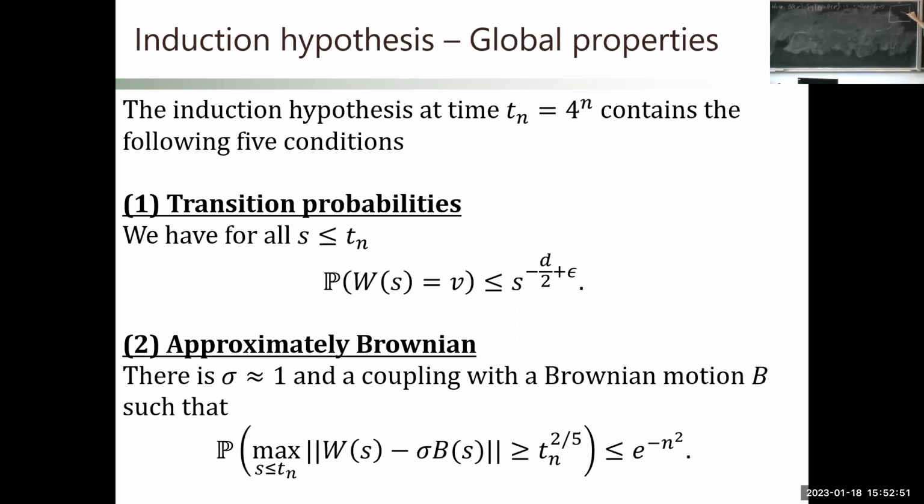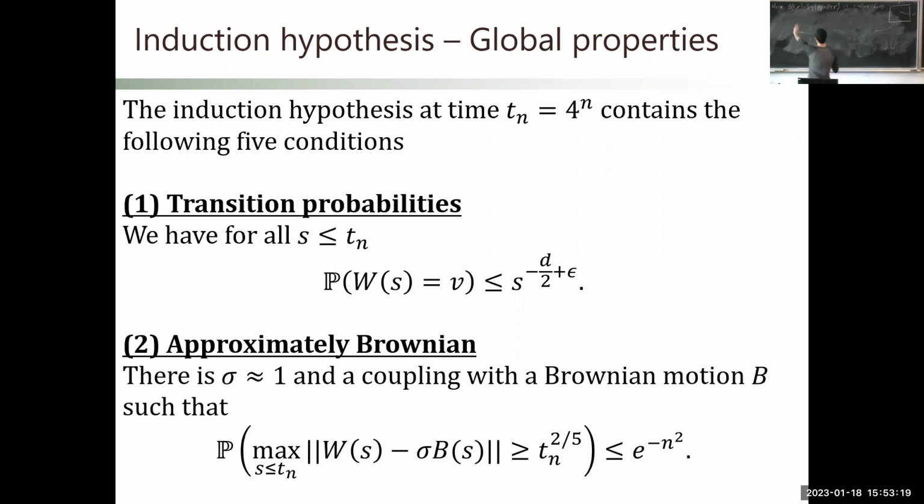How much time do you expect the random walk to spend inside this block? R squared, right? If you have a block of side length R, you expect a simple random walk to spend roughly R squared time inside it. So heavy means that the cyclic walk spends much more than R squared time inside the block. This is not expected, that a simple random walk will spend too much time inside the block.